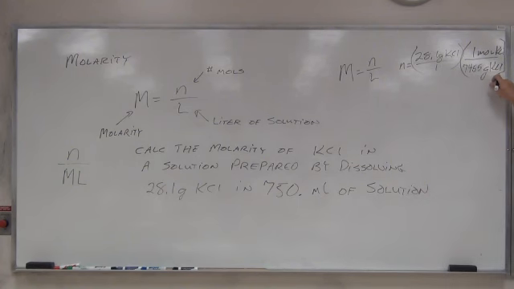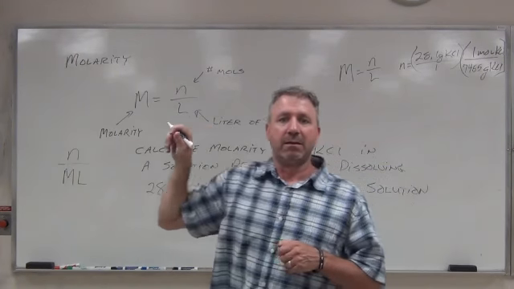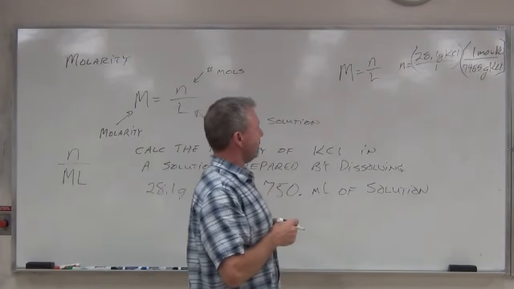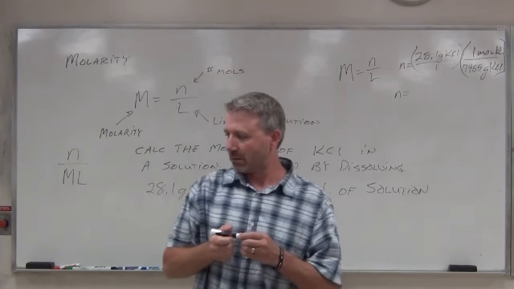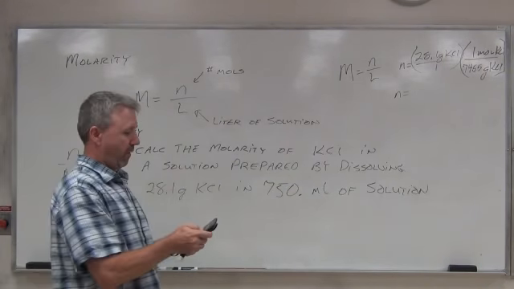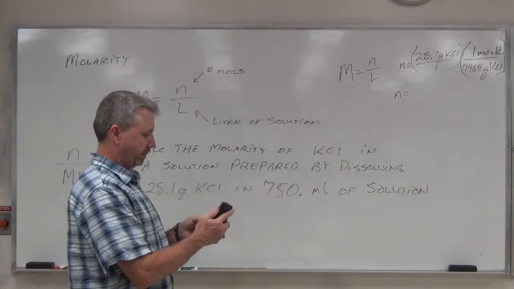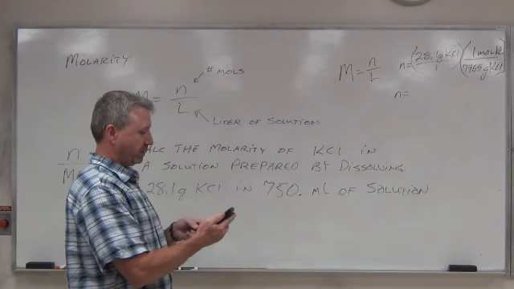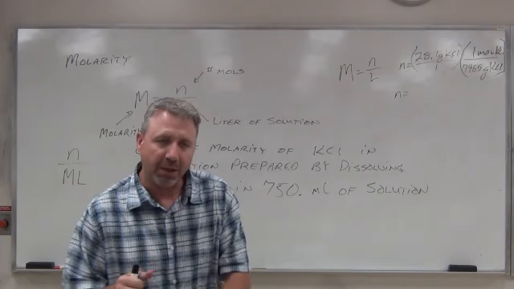Where did I get this? Periodic table, right? This is the molar mass of KCl. So I get my n, and that equals 0.3769, and so on.